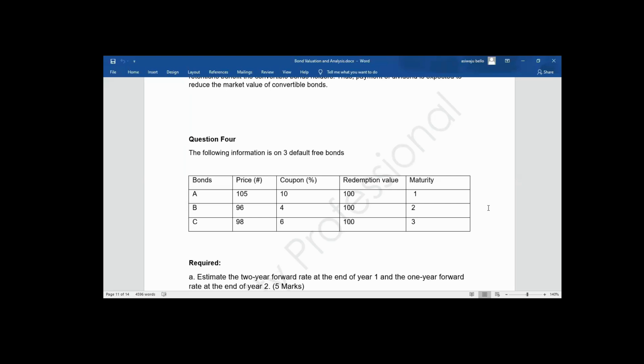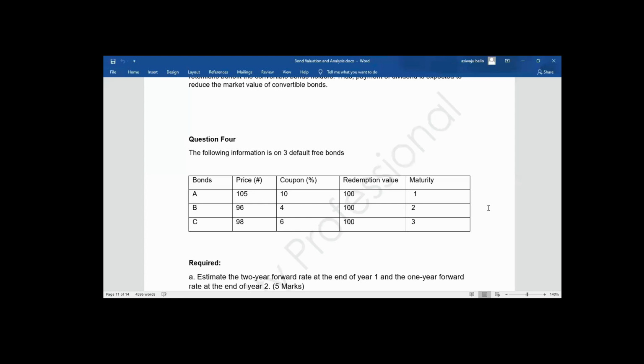We also explained that the spot rate is that rate that makes the issue price of a bond, that is the price now, grow to become the maturity value, the redemption value at maturity.